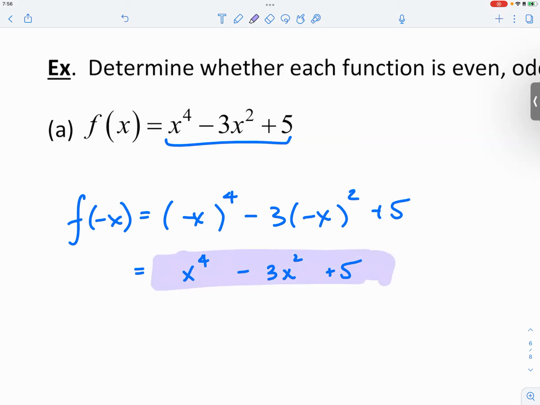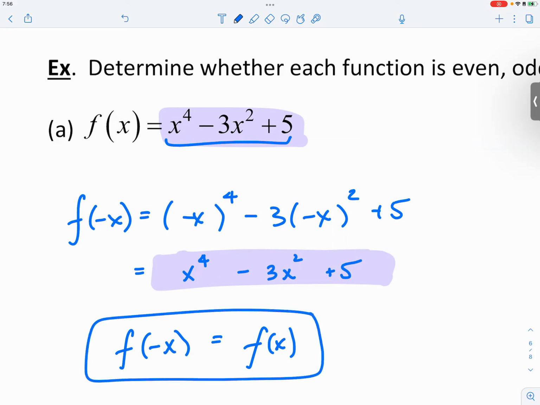And then you compare with this notation right here. What do you see? They're the same. So that means f of negative x is equal to f of x. And that means our conclusion is this is an even function.